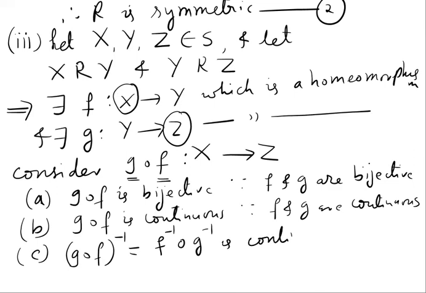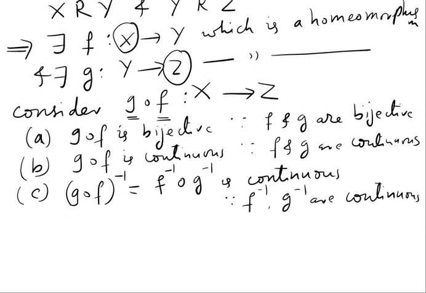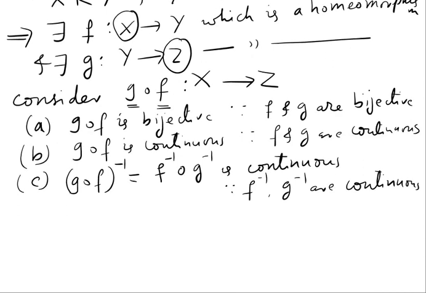So it is bijective, continuous, and its inverse is continuous. Therefore, g∘f is a homeomorphism.